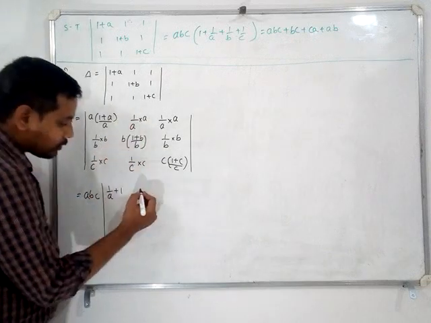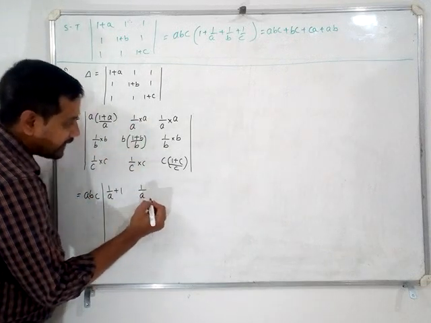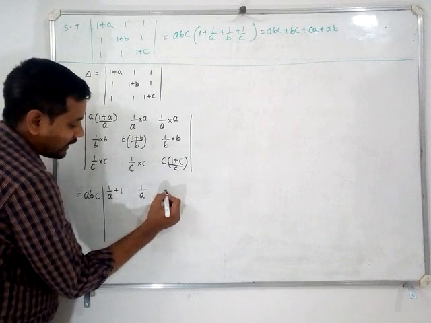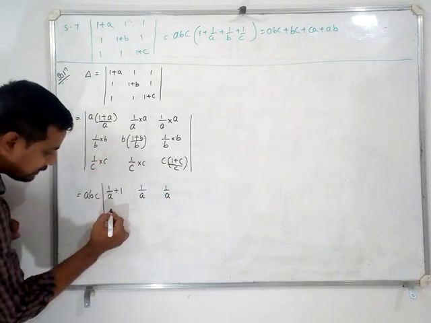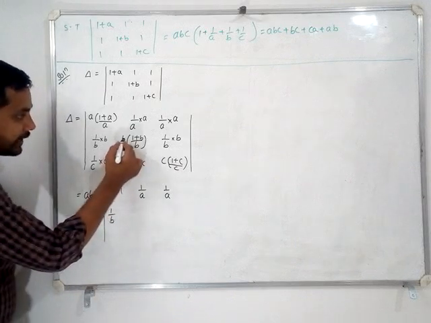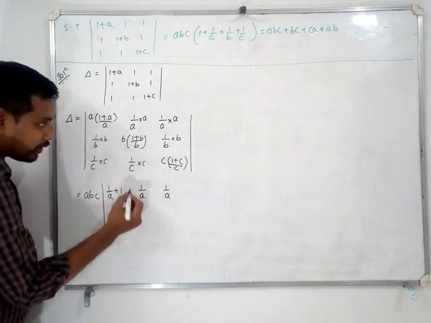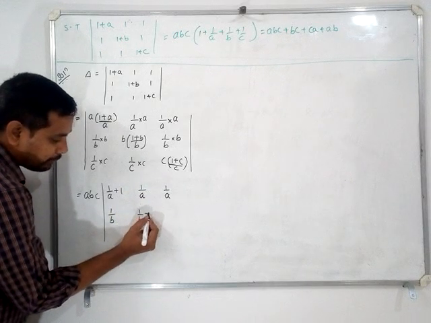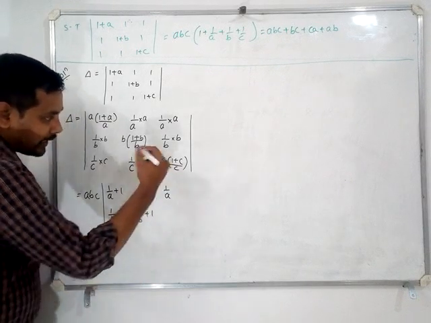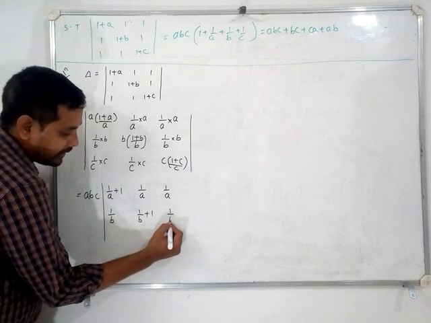Here, if A is outside, 1 by A will be there. Here also 1 by A. Now B is outside, so 1 by B. Here, as usual, B goes and 1 plus B by B remains, which can be written as 1 by B plus 1, and B goes, so 1 by B remains.